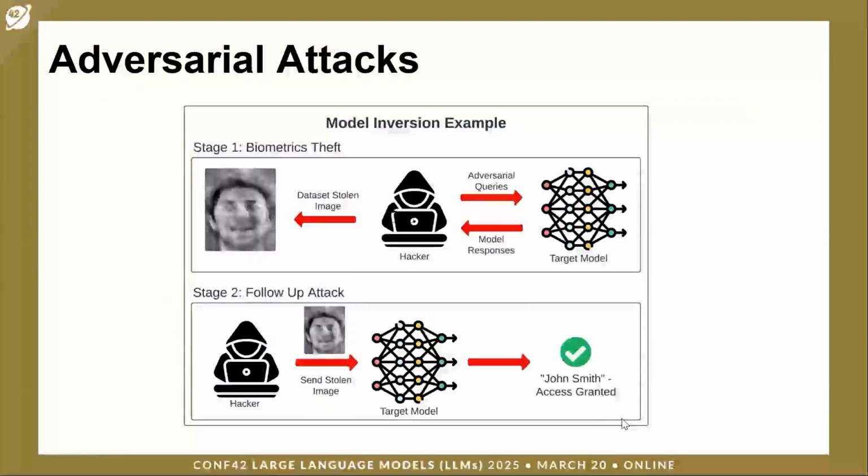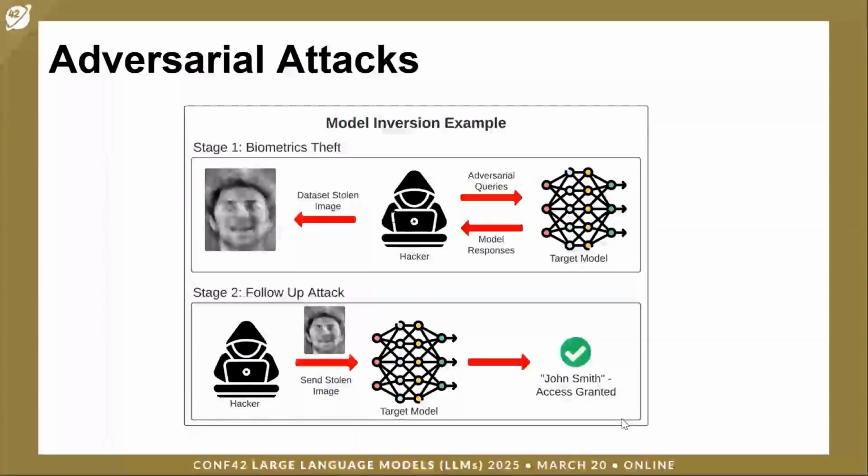Another kind of attack is the model inversion attack, which aims to reverse engineer artificial intelligence models to retrieve sensitive information about the training data. In these attacks, malicious actors analyze the predictions made by a model in response to many inputs.